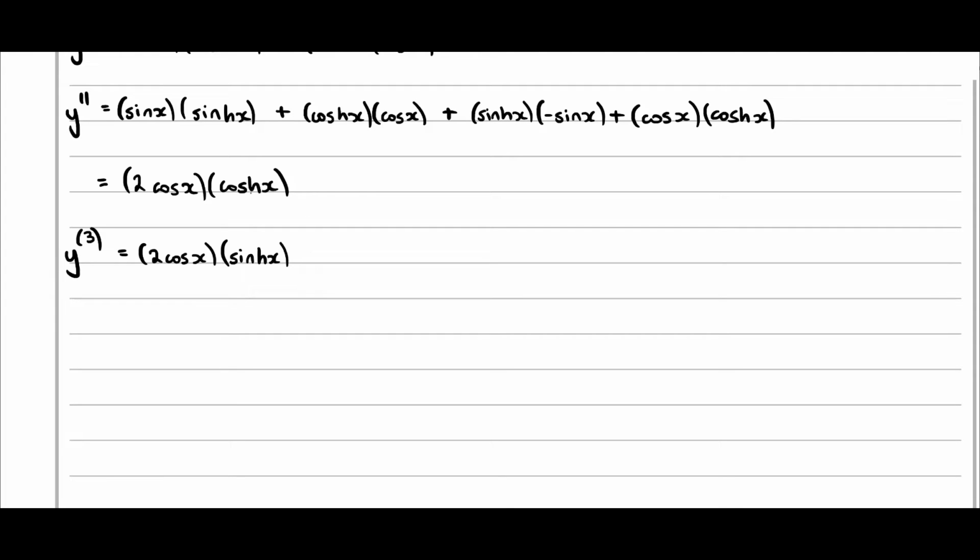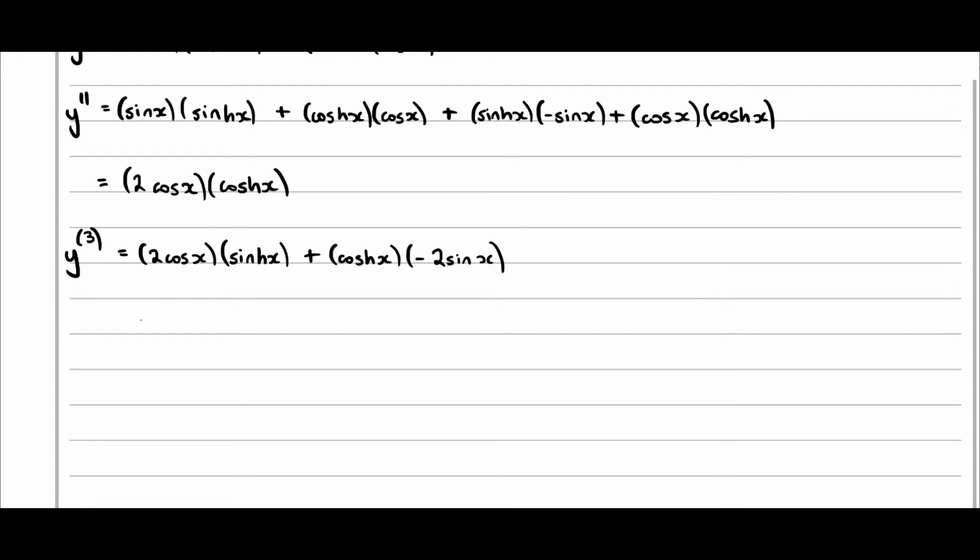V u dash plus u, then v dash, which would be minus 2 sin x.